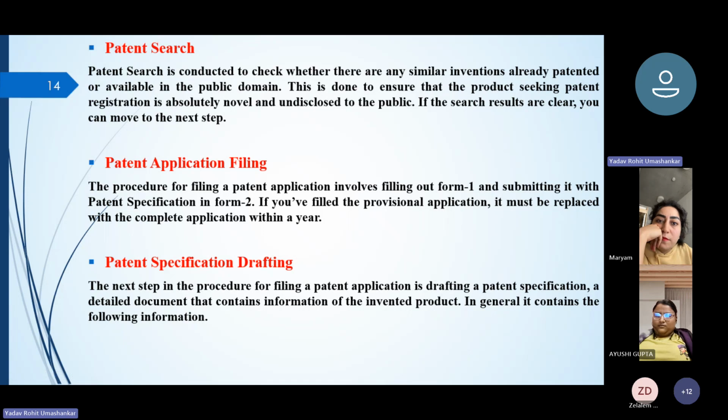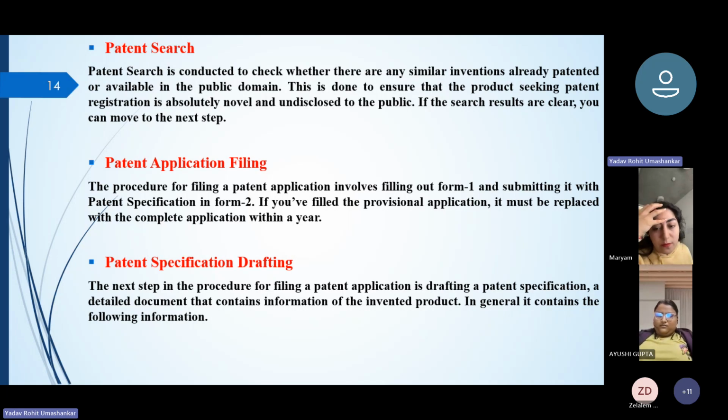So patent search, why is there a need of patent search first? The patent search should be done by the individual who is going to file for a patent, because he or she should know, first of all, whether that subject is patentable or not, and whether that object or the invention is already present, or already patented, or some information of that patent is being published in some research journal.